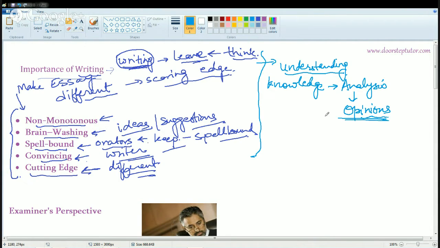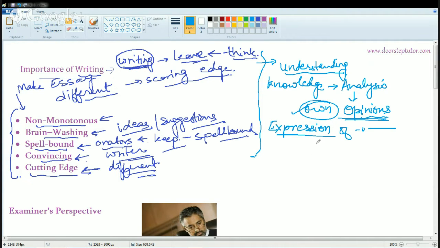If you are taking opinions from someone else, you will not be able to put them down in writing as easily as you can put your own opinions. Once you have your own opinions, you can express those. So expression of opinions is very important.